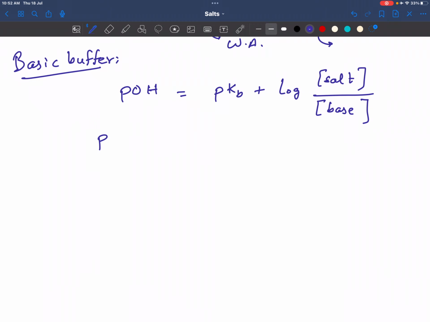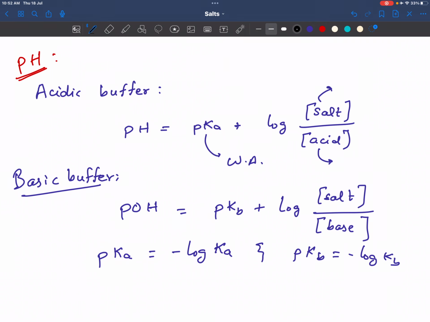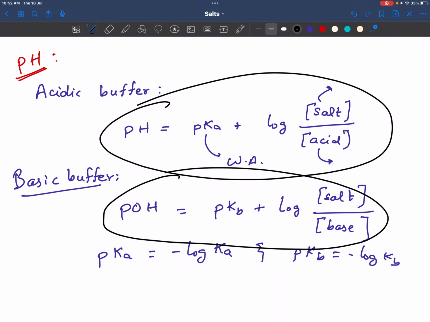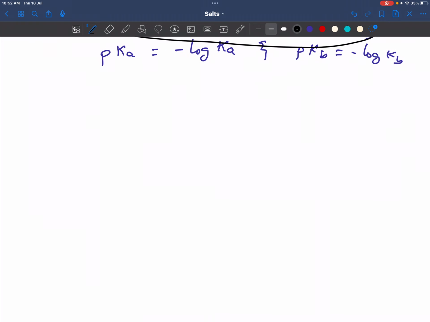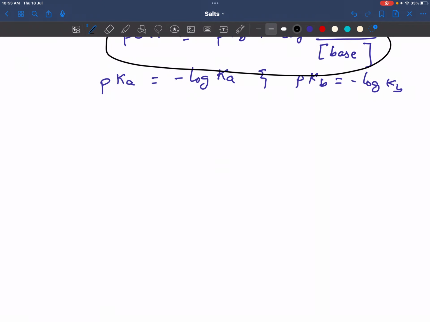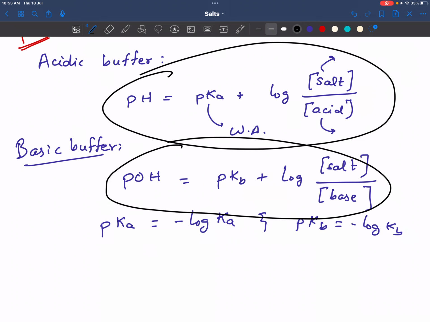Now, as I told you before, pKa is equal to minus log Ka and pKb equal to minus log Kb. ఈ ఫార్ములాస్ ఇంపార్టెంట్, గుర్తుంచుకుంటే బెటర్. డిరైవ్ చేయొచ్చు కానీ ఇట్స్ నాట్ ఇన్ ద స్కోప్ ఆఫ్ ద సిలబస్. It is possible to derive it, but we'll not be covering that in this lesson. Okay. This is the main thing required for MSET.